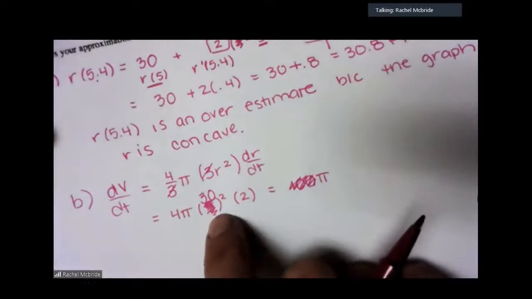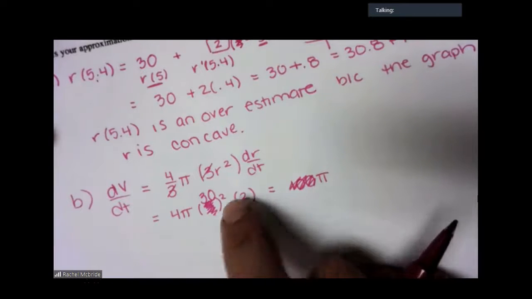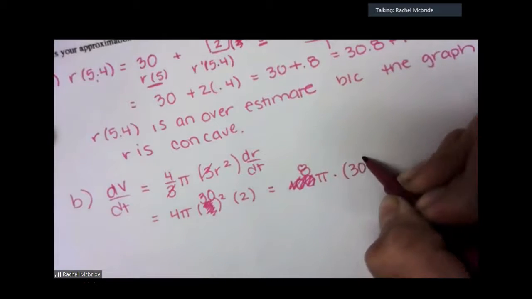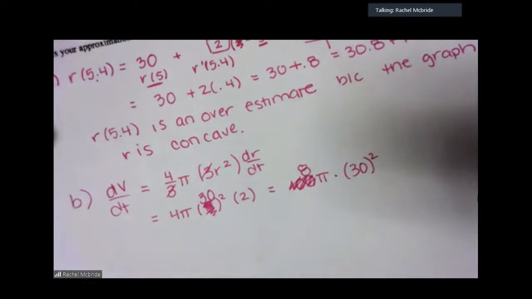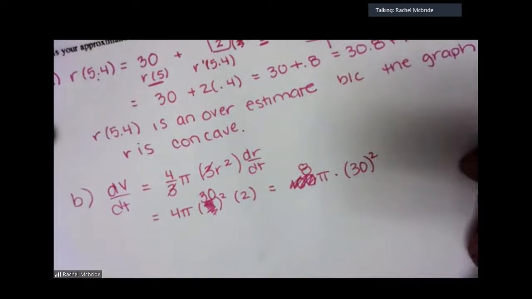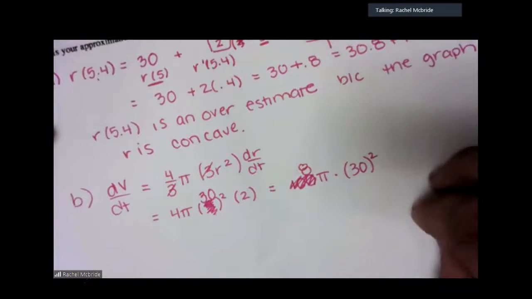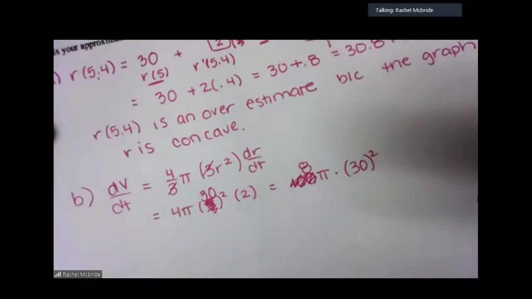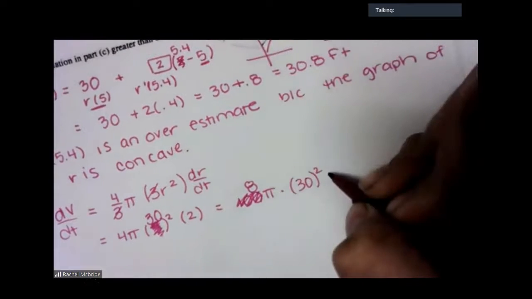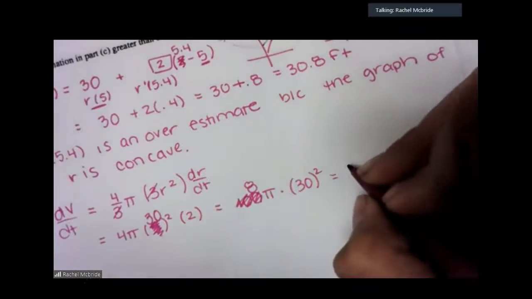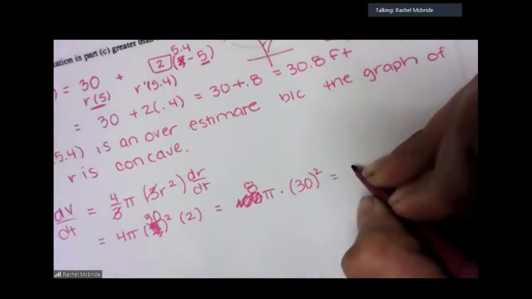You don't have to change this to a number. You could write 8 pi times 30 squared. If you don't know what 30 squared is, you don't have to fix it. Now 30 squared is not bad, because it's like 3 squared with some zeros. So it's 900 times 8 pi, which is 7,200 pi.